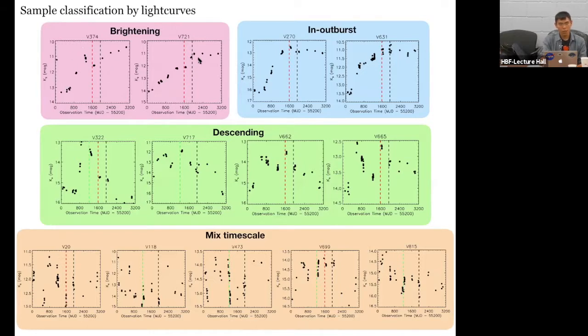We observed the spectra in 2013 and 14, and then we repeated in 2015. The second layer is more complicated, but you can still find some regular things. We call them descending objects, because between the 2 observation campaigns, we do see that the star becomes fainter during the 1 or 2 year interval.